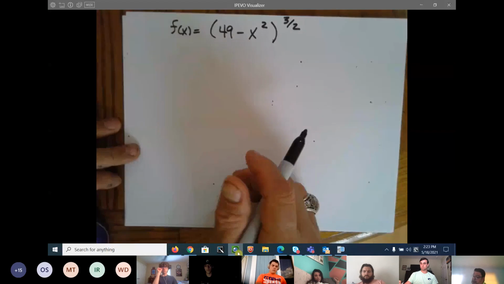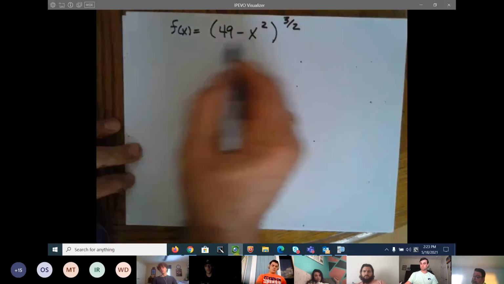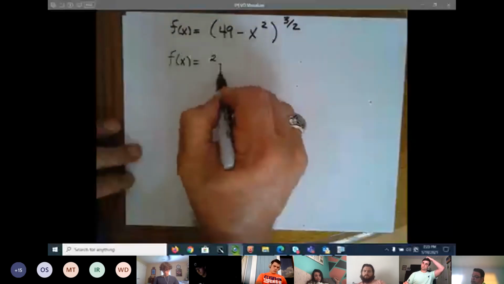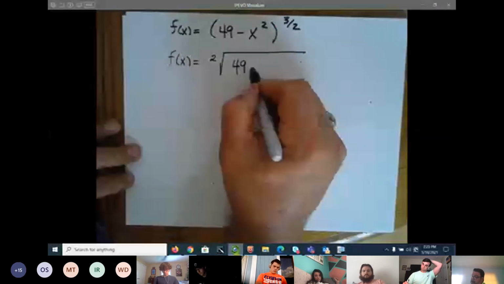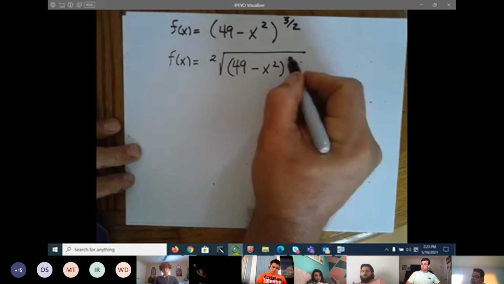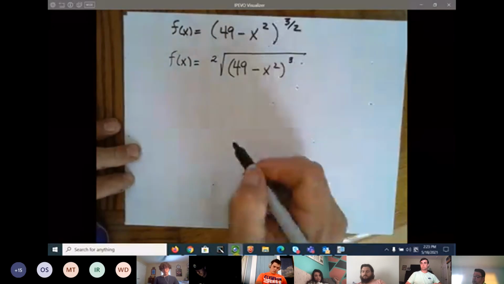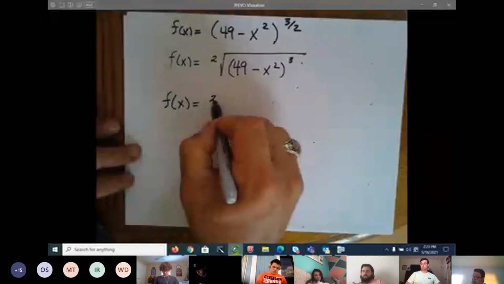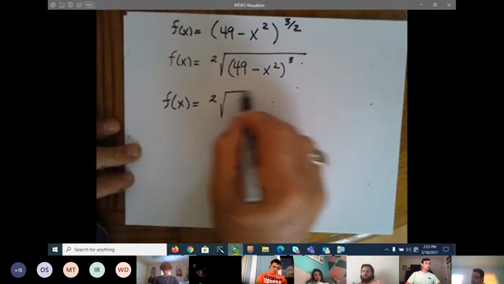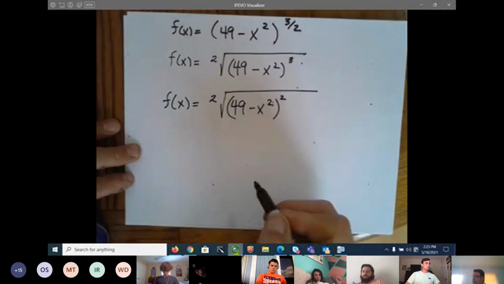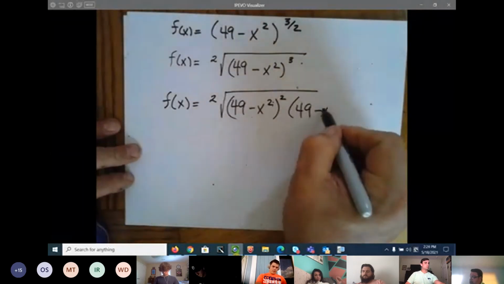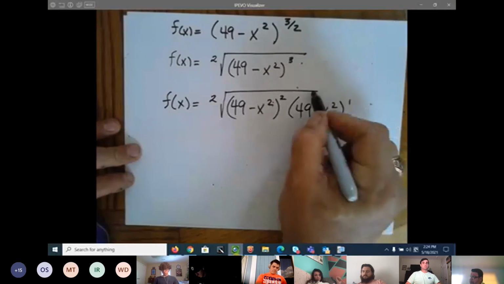So I'm going to break this up into f of x is equal to the square root of 49 minus x squared to the 3rd power. And that's going to break up into the square root of 49 minus x squared to the 2nd power times 49 minus x squared to the 1st power.